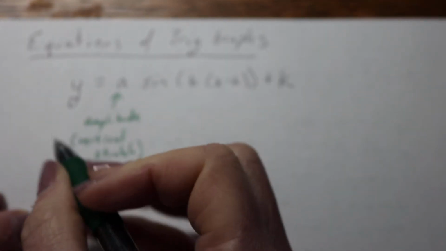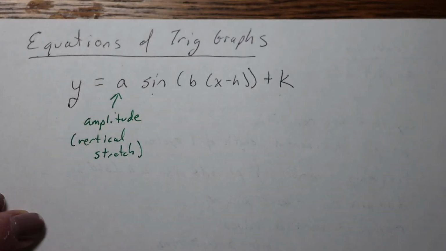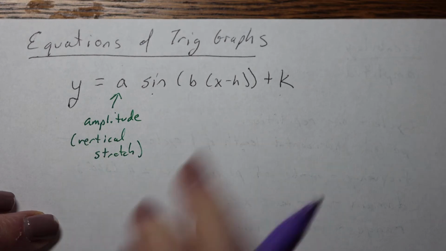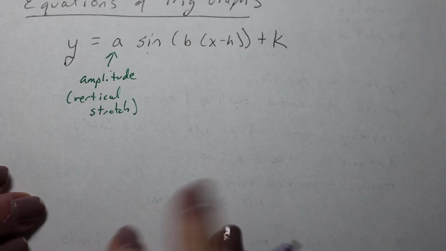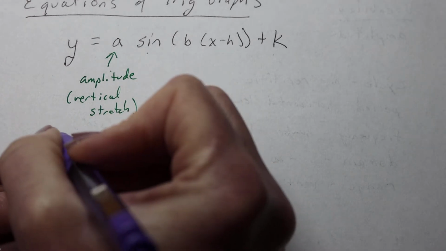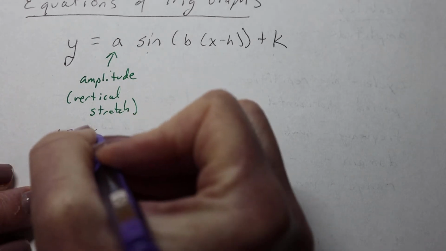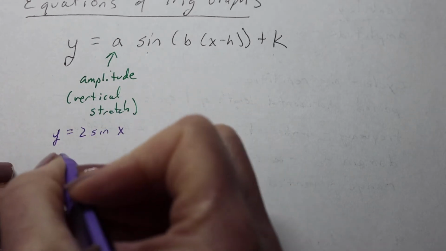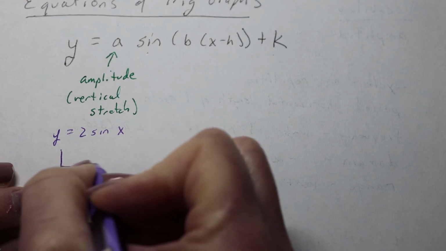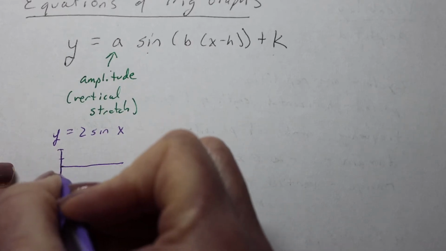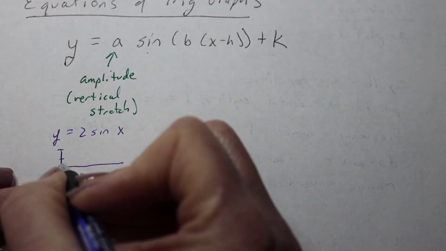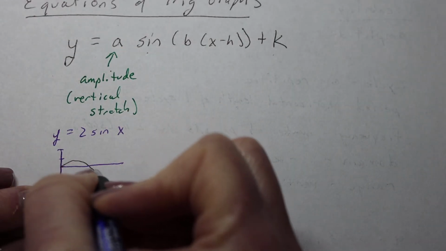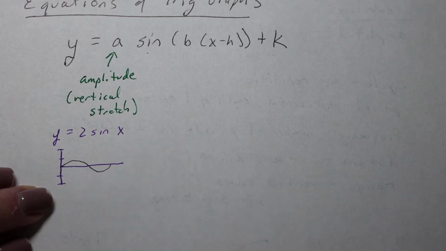For example, if I want y to equal 2 times the sine of x, you remember how the parent graph, and this is just a very rough sketch, does this.